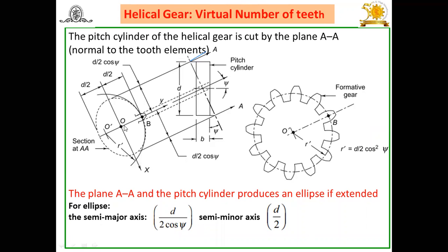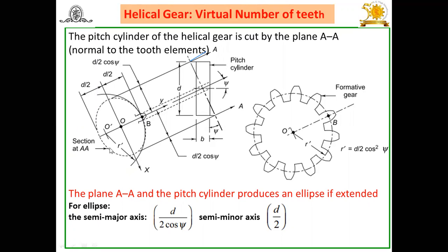If we apply the rule of engineering drawing, you will find the intersection of the plane A, which is inclined to the base cylinder, and the pitch cylinder extended. If it is extended, look at this here, you will find it produces an ellipse.